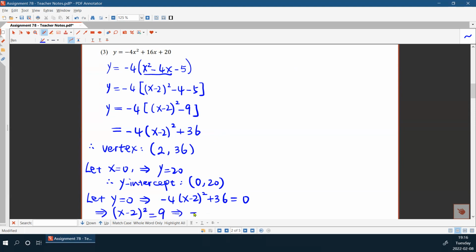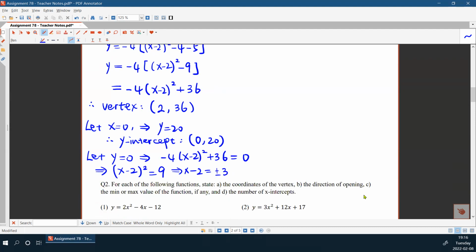Therefore, x minus 2 could be either positive 3 or -3, right? And therefore, x is either 3 plus 2, which is 5, or -3 plus 2, which is -1, right? And therefore, the x-intercepts, I'll write it here, are 5, 0, and -1, 0, right?